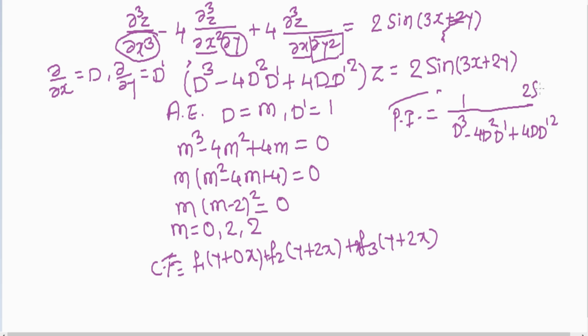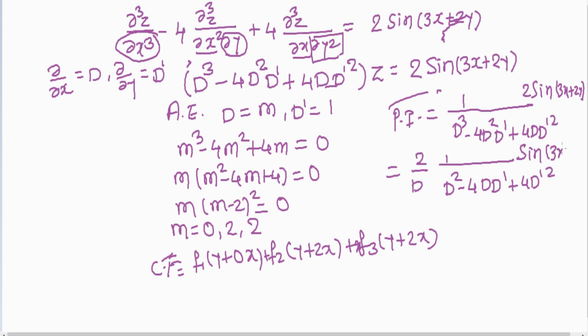Now again we take D common, therefore this is equal to 2 times 1 by D into 1 divided by (D squared minus 4D D dash plus 4D dash squared), operating on sine of (3x plus 2y). D squared equal to minus a squared, so minus 3 squared equal to minus 9. D D dash equal to minus ab, so minus 3 into 2 equals minus 6.